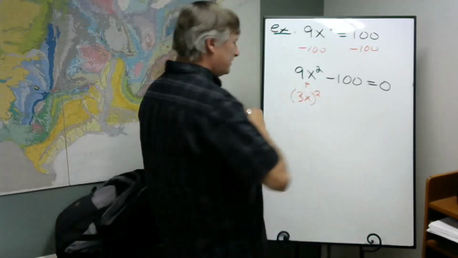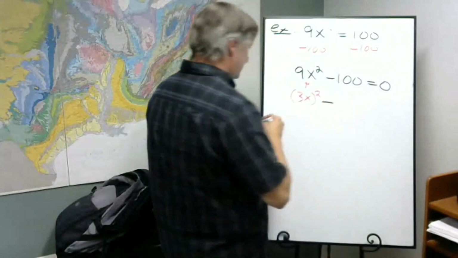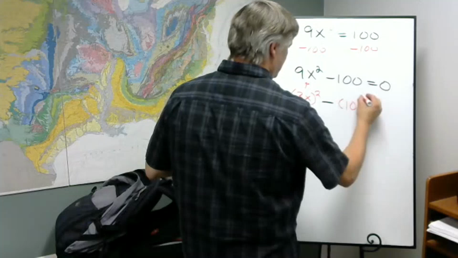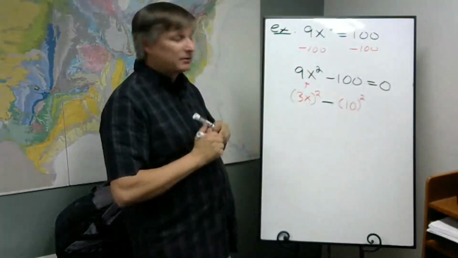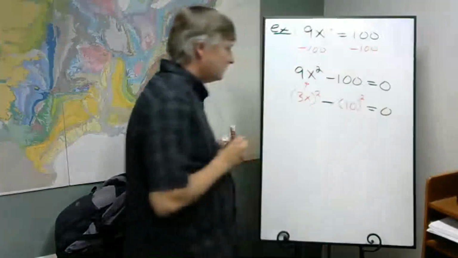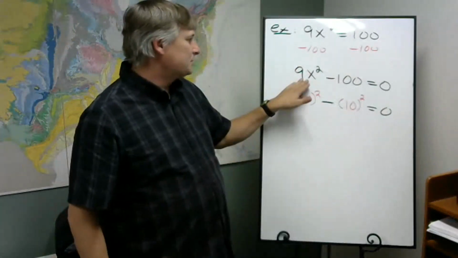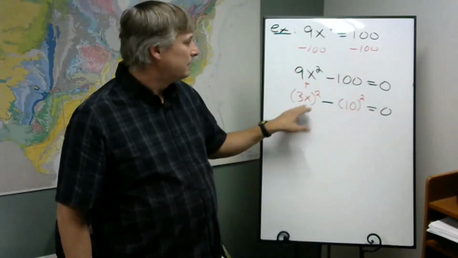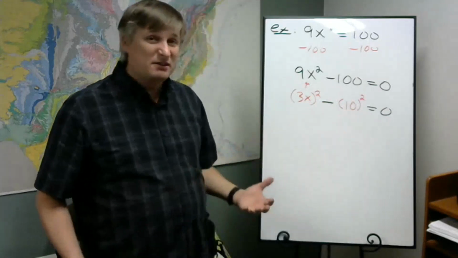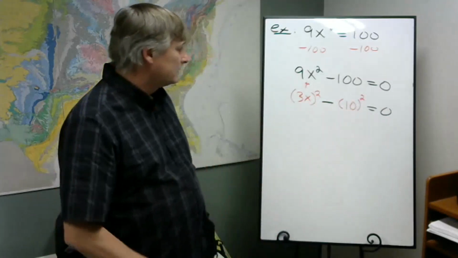And in this one, same thing. 100 is 10 squared. So this is really something squared, and this is really something squared. And we're taking the difference of these two things.